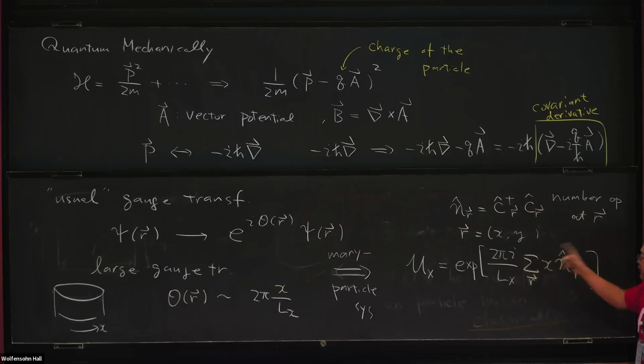And if you apply this, you can check that you can indeed eliminate the uniform vector potential, which corresponds to the unit flux quantum.